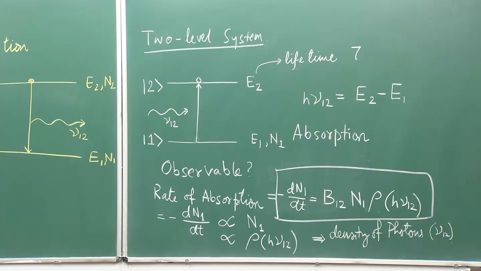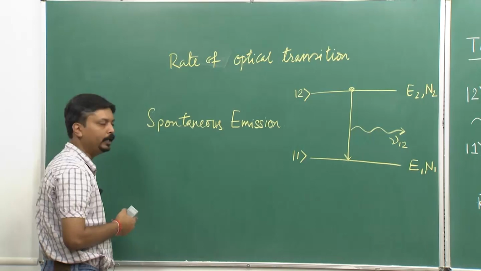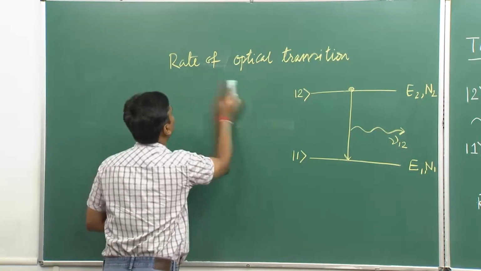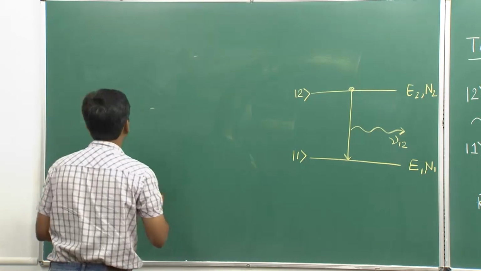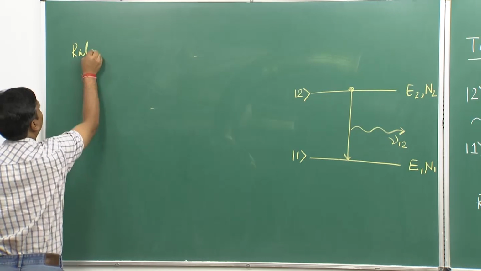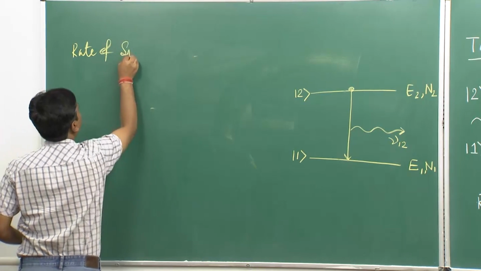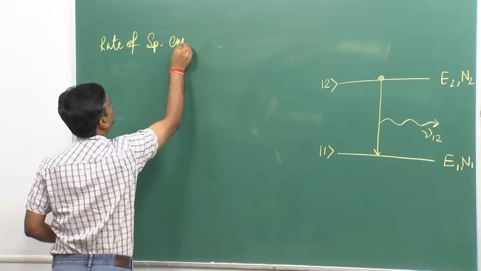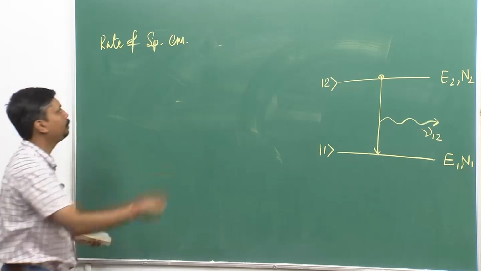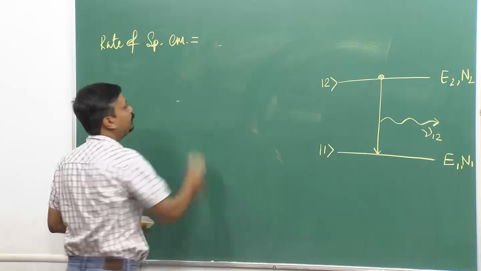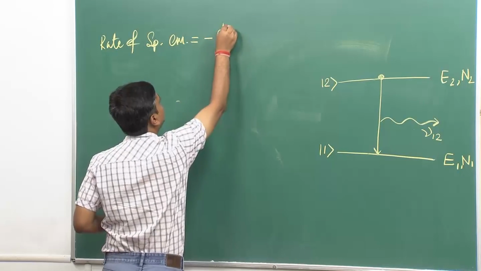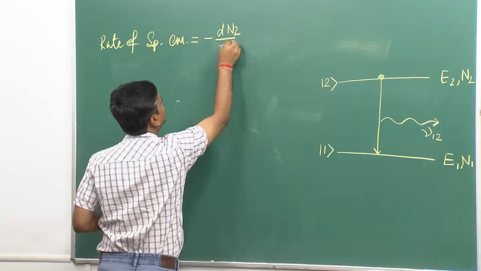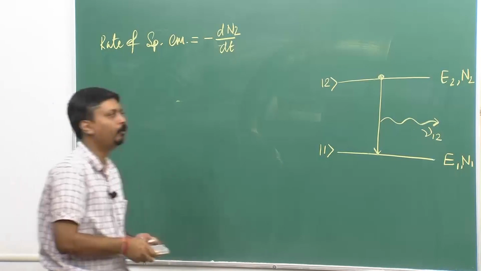Now, let us find out what the rate of spontaneous emission is. Okay. So, here we have the picture for spontaneous emission. So, we have to find out the rate of spontaneous emission. This one I can write in a differential form as minus dN2 dt, in a very similar way as we have done for absorption.